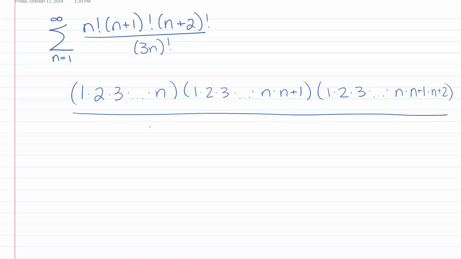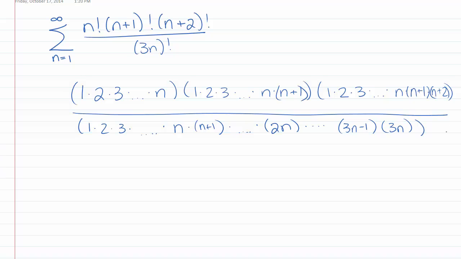And then on the bottom we're looking at 3n factorial. So this is going to be 1 times 2 times 3 times ... times n plus 1, but it's going to keep going, times 2n. It's going to keep going times 3n minus 1 times 3n.